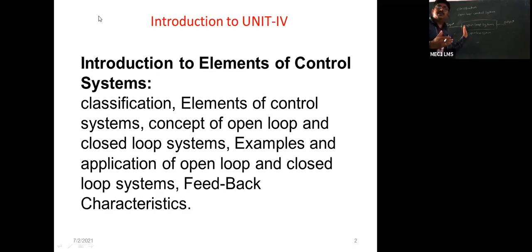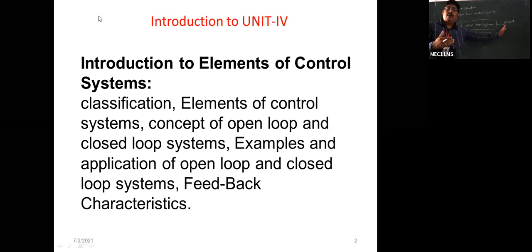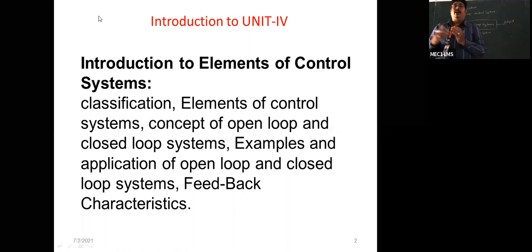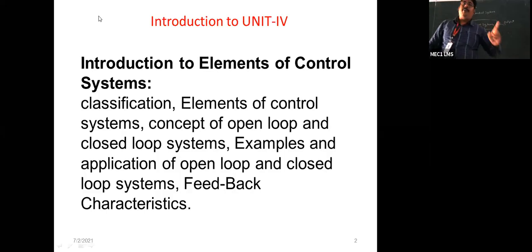Even though the input changes and the output also changes, it does not automatically control. As an example, a fan without a regulator is an open loop system. It is very simple in construction, but the main disadvantage is that we cannot get our required output. And there is no feedback element.